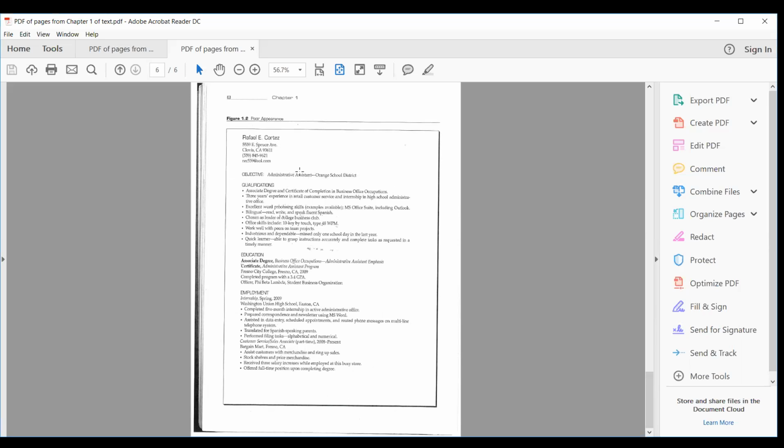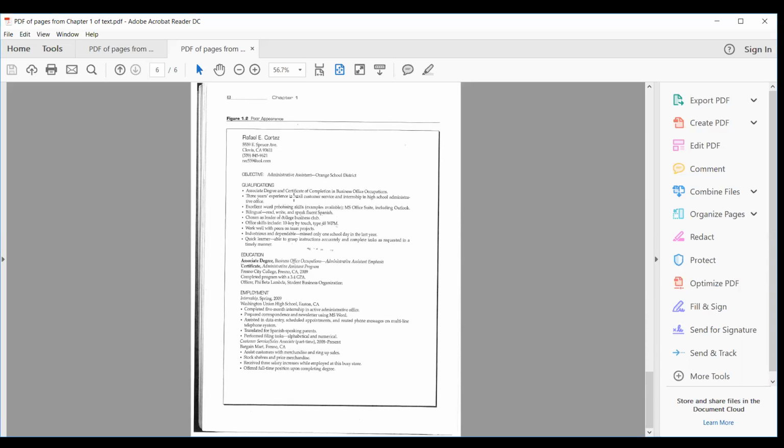He has an objective. He's looking for an administrative assistant position with the Orange School District. This may be exactly the job he's applying for. So if you were answering a position in the San Rafael School District, you probably wouldn't say you were looking for a job in the Orange School District.